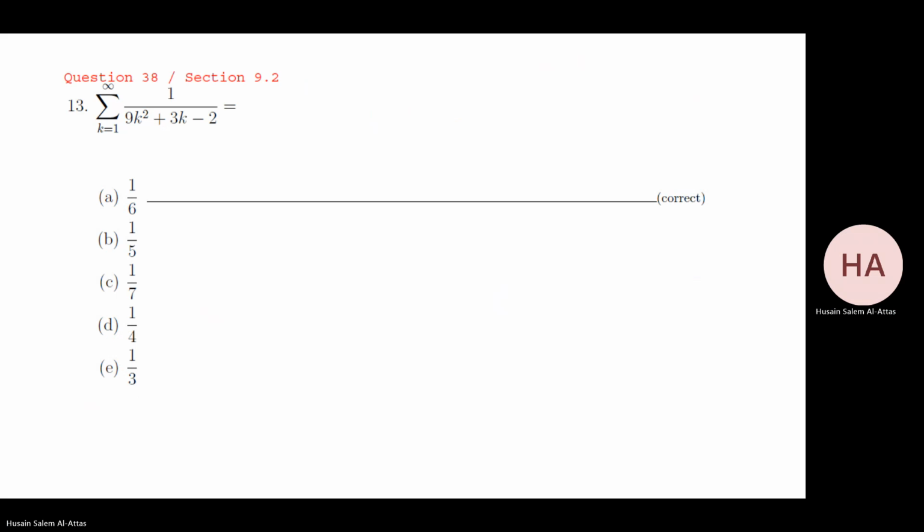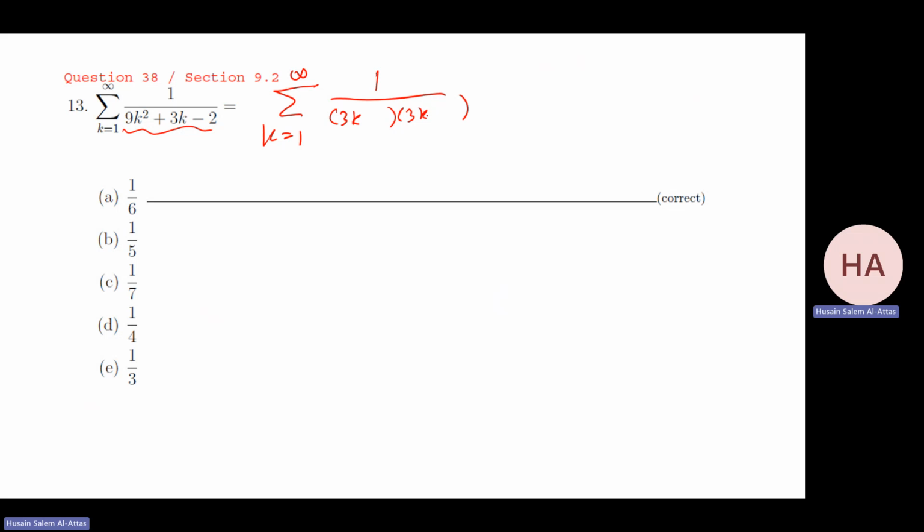Very quick one. This one, I need to be careful a little bit. I need first to factor this. So I have 1 over 3k times 3k, and the answer to be 3k in the middle.